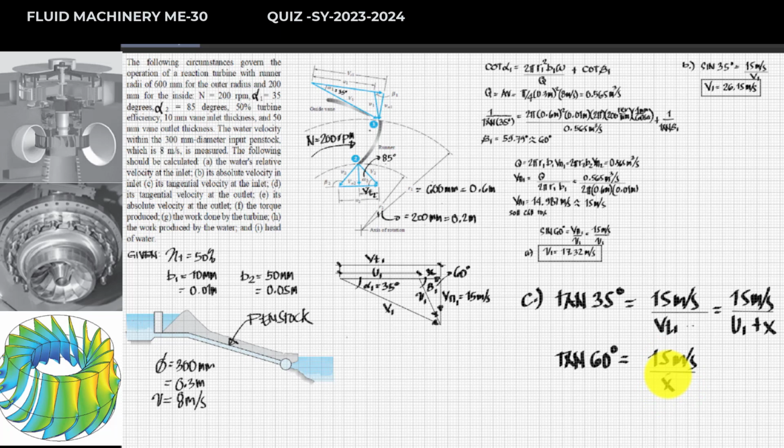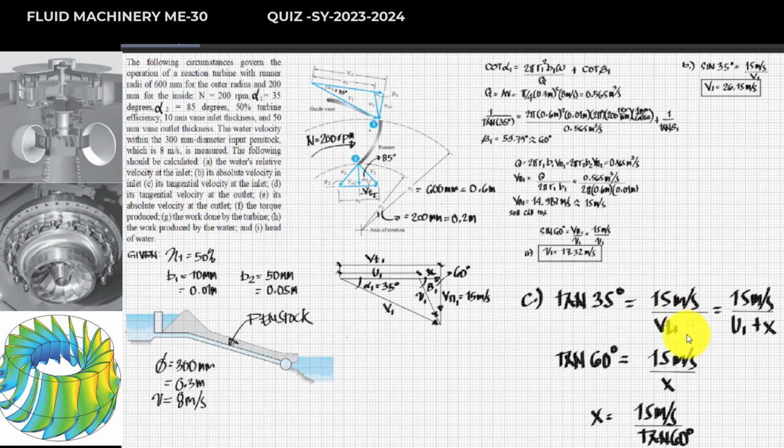So I can rewrite the equation as x equals 15 meters per second all over tangent of 60 degrees. That is the value of x, which I can substitute in order to complete the solution to get the tangential velocity.